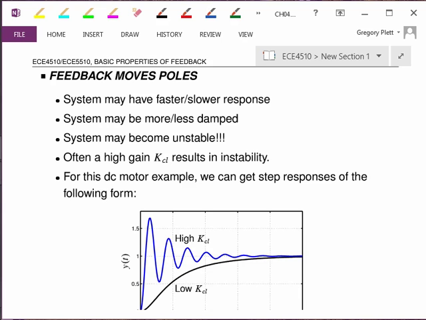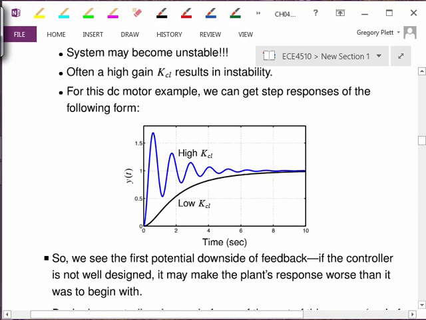For this particular example, I stuck some numbers in and looked at some step responses. And so for a low value of closed-loop gain, we get this black step response. And we see that it's nice and smooth, which is probably desirable, and that it settles down in about 10 seconds to its steady state value, and that's actually pretty close to 1.